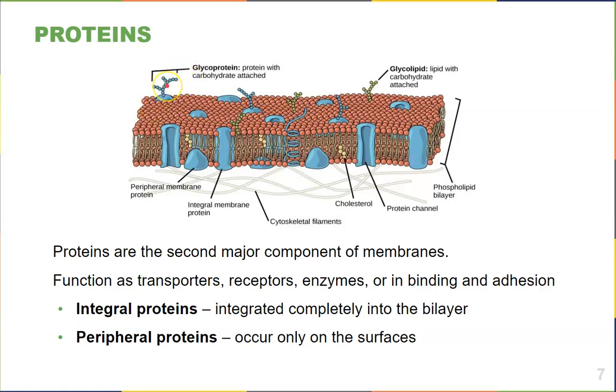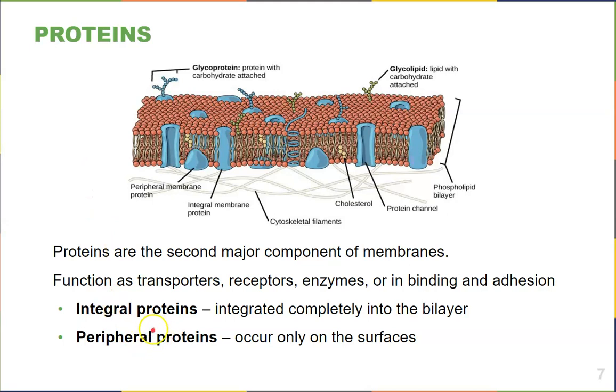And so usually the cell uses that as a recognition molecule to say, hey, that's our self, or that's a cell that I know, it's okay. Or it will recognize this as maybe a pathogen and the cell will be destroyed.